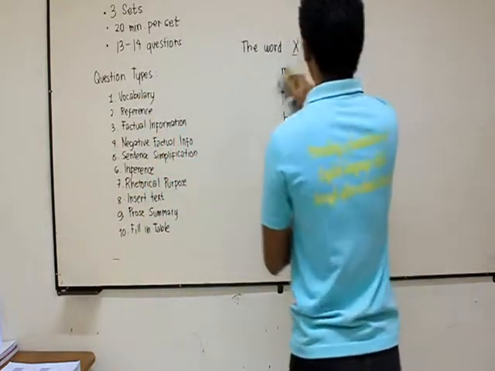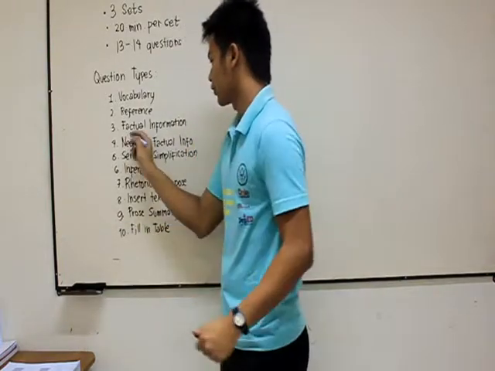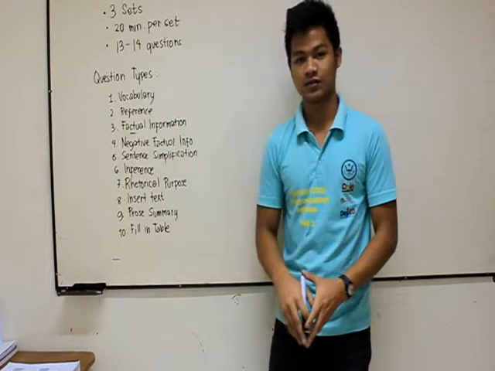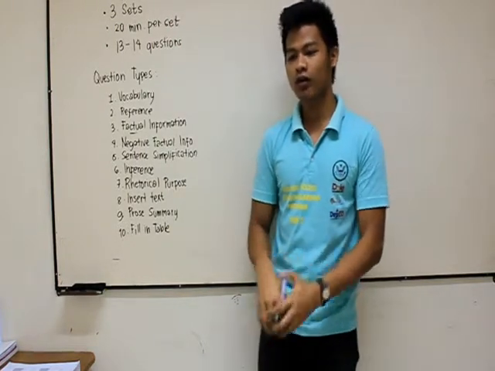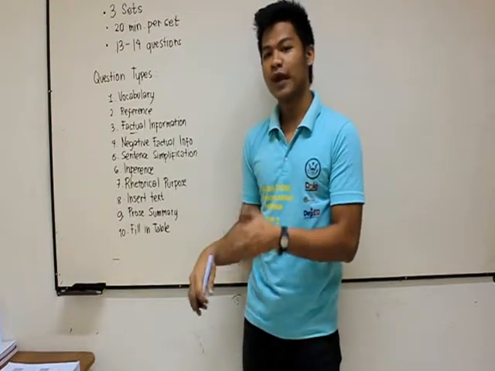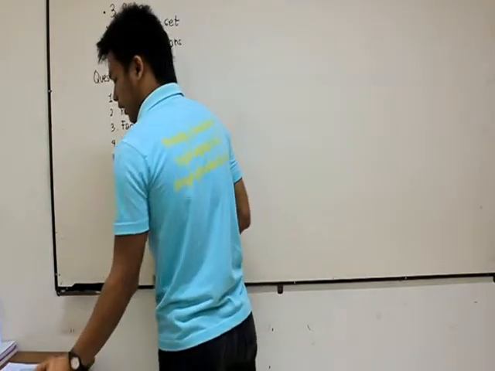Now let's go to factual information. From the word factual, you need to identify facts in the passages. You need to identify what is being stated in the passage, and then you'll answer questions. Now, like the other question types, how does it appear in the passage?